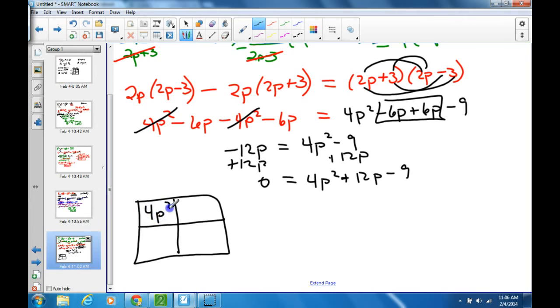Four p squared and negative 9. So what are those two multiplied to each other? Negative 36p squared. So what goes in a negative 36p that equals 12? Well, one of them has to be negative and one has to be positive. So that won't work, right?